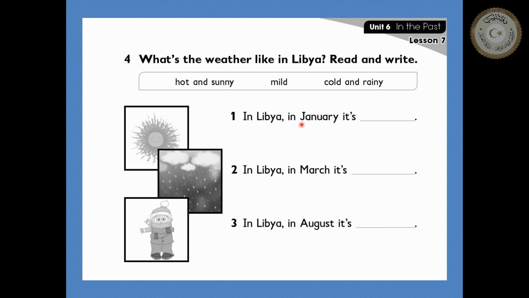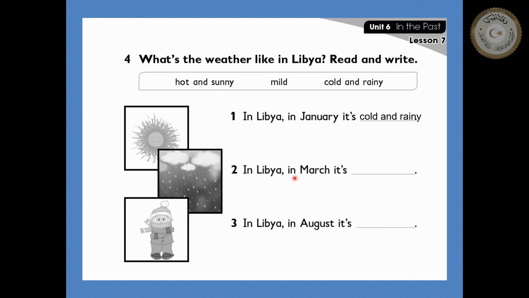January, March, and August. In Libya, in January, is it hot or cold? Hot like this one? Or is it cold and rainy? Cold. It is cold and rainy. Can you see the rain here? Excellent.